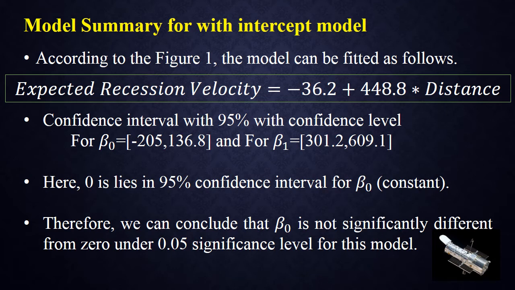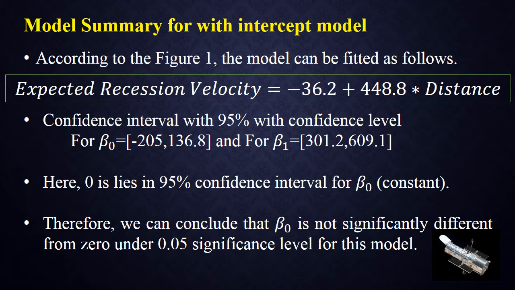So then we can fit the model as expected recession velocity equals negative 36.2 plus 448.8 times distance. Here negative 36.2 is the intercept or constant of the model and 448.8 is the slope of the model.